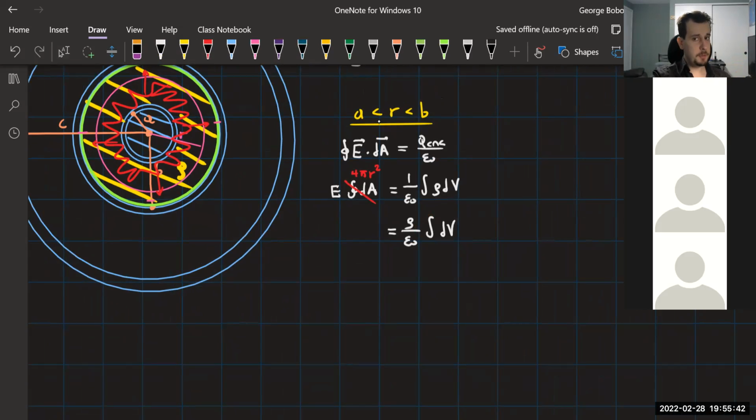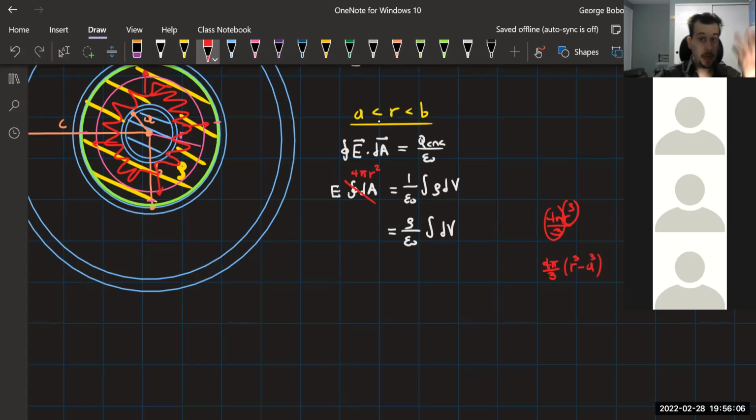Do you remember the volume of a sphere, the formula? Oh, 4 pi r squared over 3. It would be r cubed, but you're right. Okay. So you want to, again, factor the 4 pi over 3 outside, and basically have the outer radius, which is r cubed, minus the inner radius, which is a cubed, and that would be your enclosed volume.